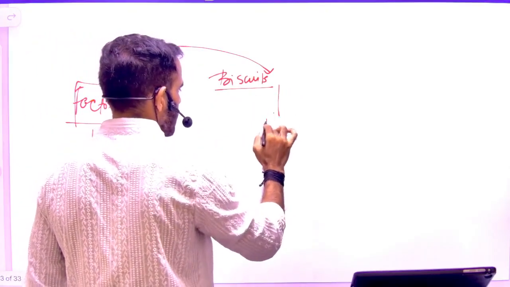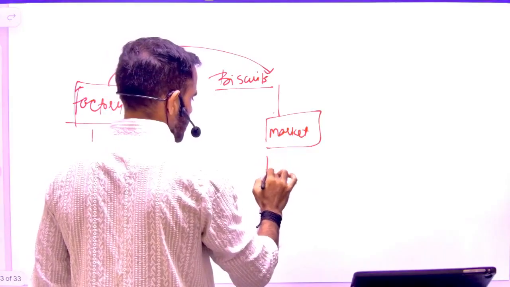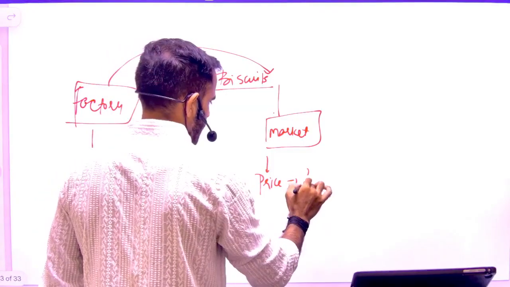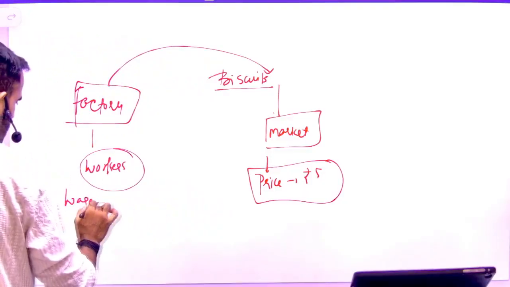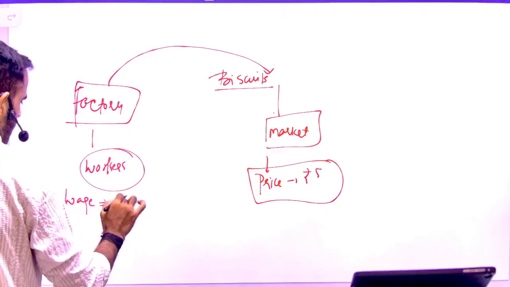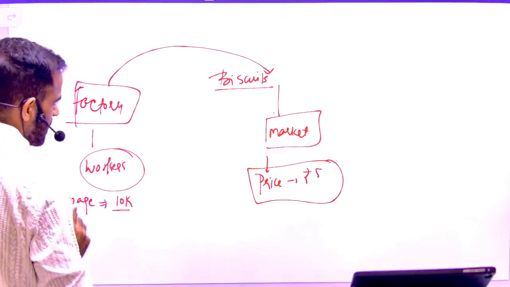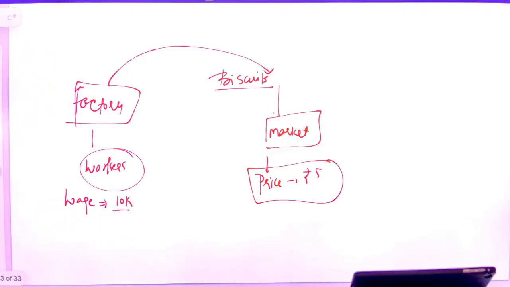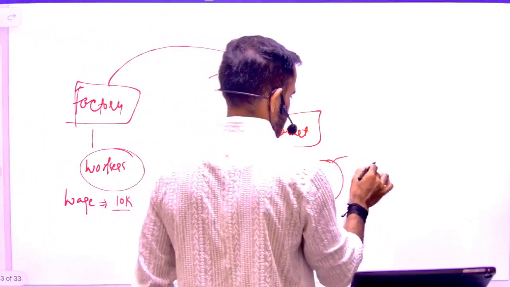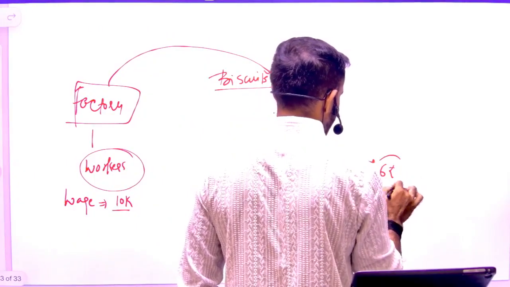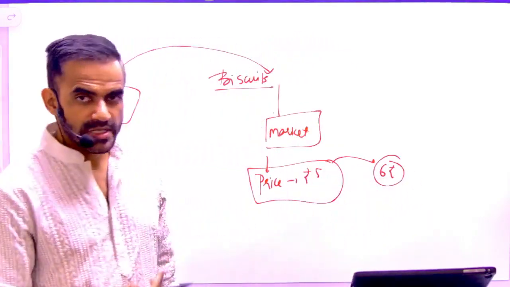These biscuits are sold in the market, and let's say the price of the biscuit packet is 5 rupees, and the wage, which basically means the salary of the workers, is 10,000 rupees. I'm oversimplifying again. Okay. Now let's say over a period of time, the price in the market has increased. So instead of 5, now the item is available at 6. Similarly, the inflation will be there in case of all other items.